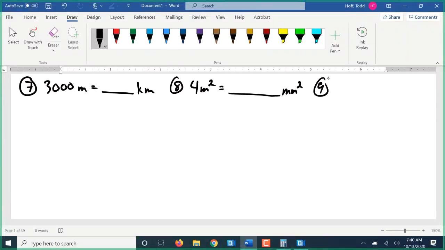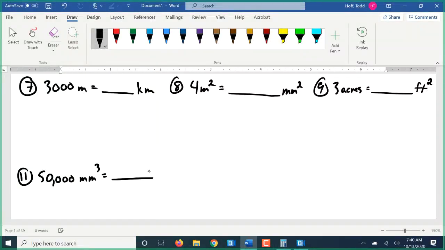Convert 3 acres into square feet. Convert 50,000 cubic millimeters into cubic centimeters.